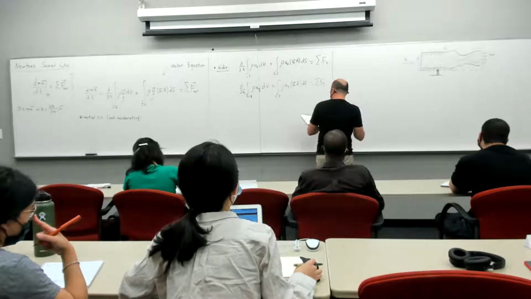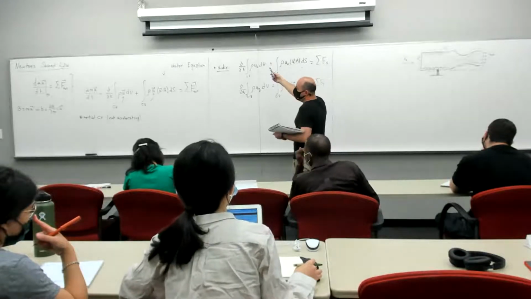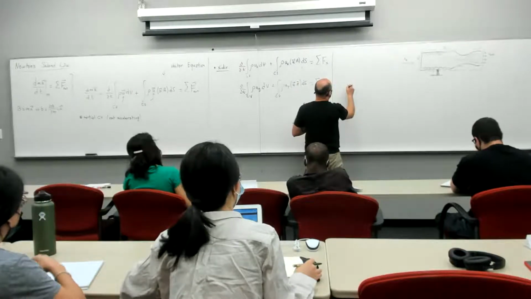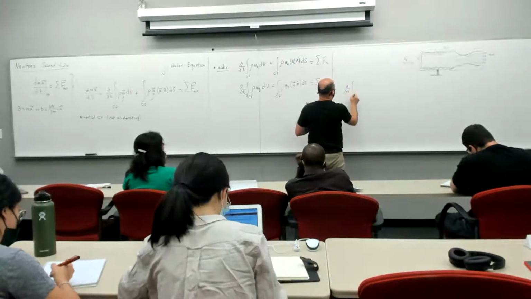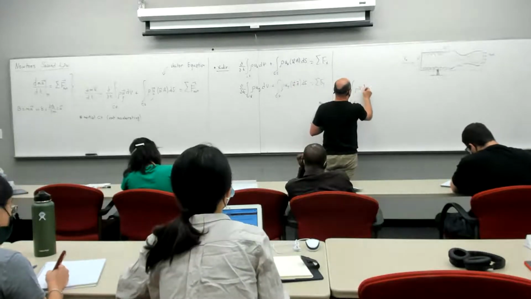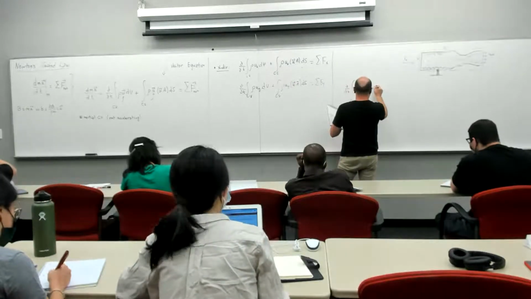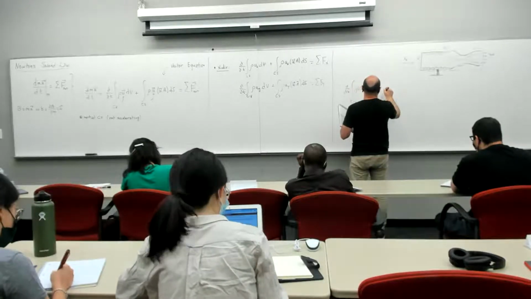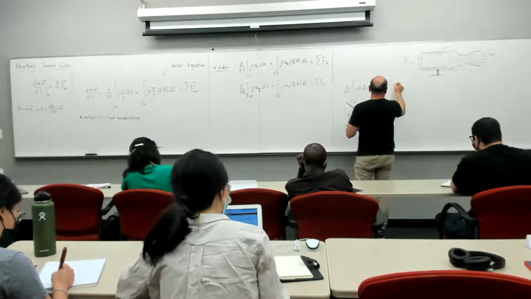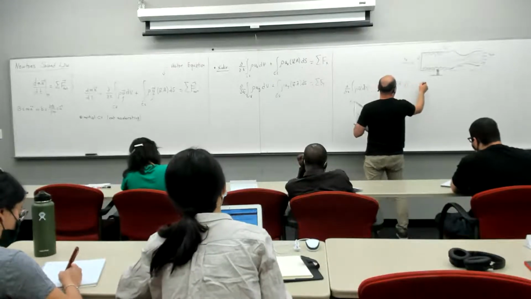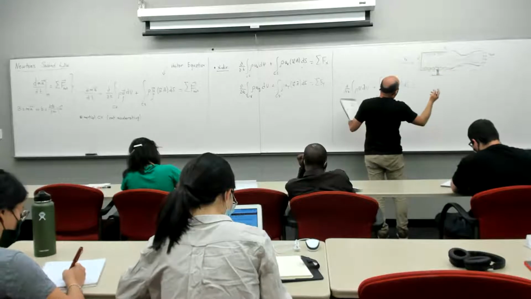So now we apply the momentum equation in this integral form. We have d by dt of the integral over the control volume of rho u dV plus the integral over the control surface of rho u dot n dS equal to the summation of forces.